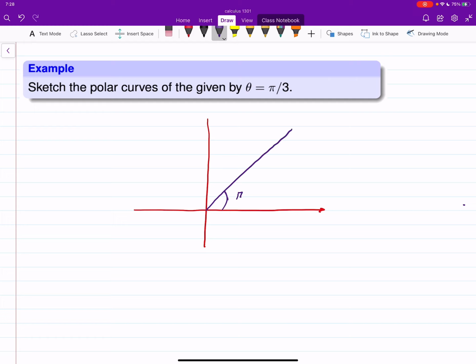And r is the free variable here. You can choose different r's on this, and it will satisfy the equation. So basically all the points on this line satisfy this. By the way, we can have r negative, and that way it will go to the negative side.